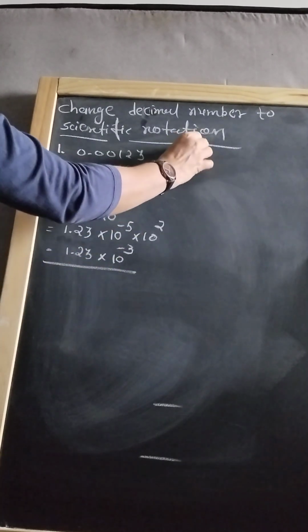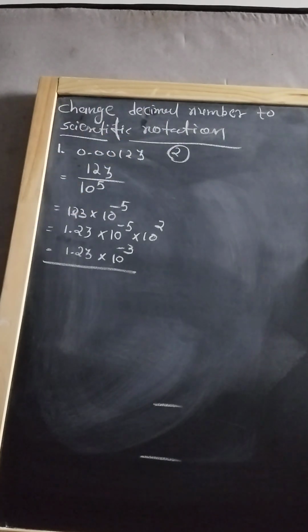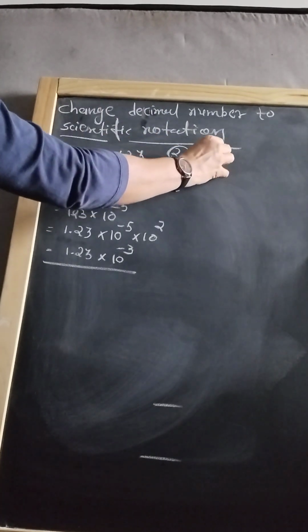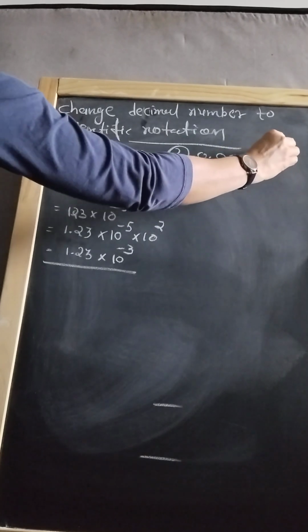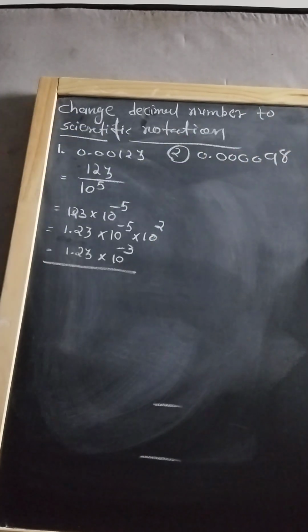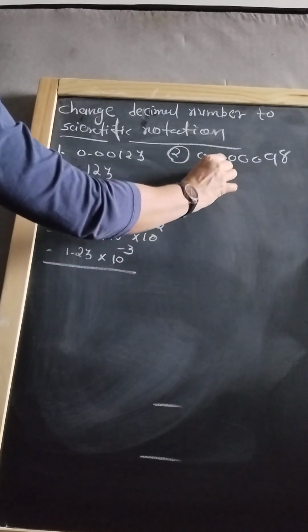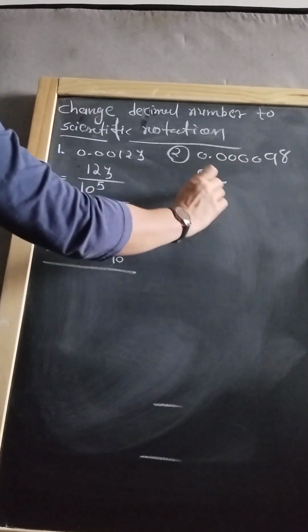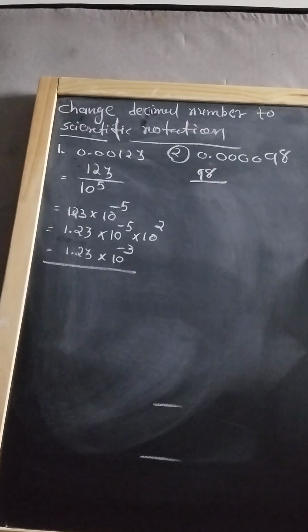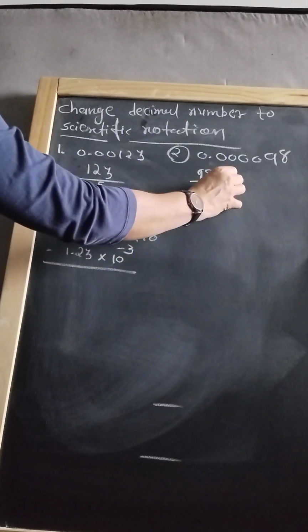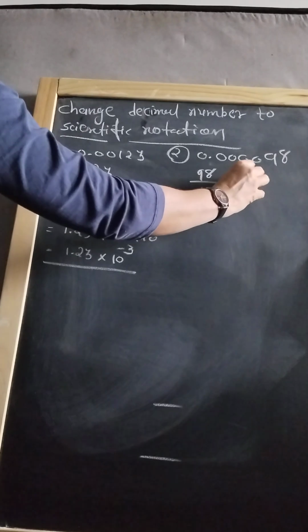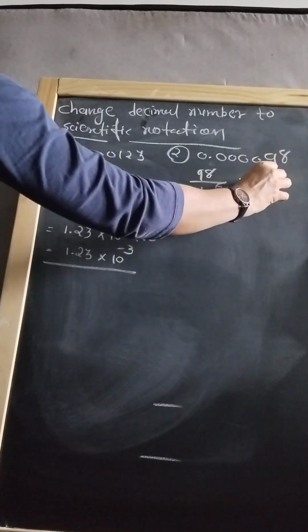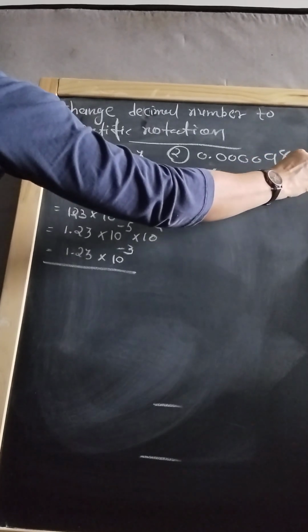Let's take a second number. The second number is 0.000098. So first step, always change the decimal number into a fraction. After the decimal, there are 6 digits, so 10 to the power of 6. If I take this one in the numerator, so 10 to the power of negative 6.